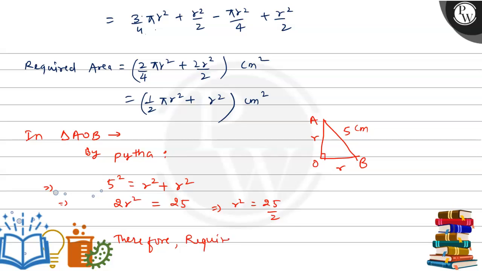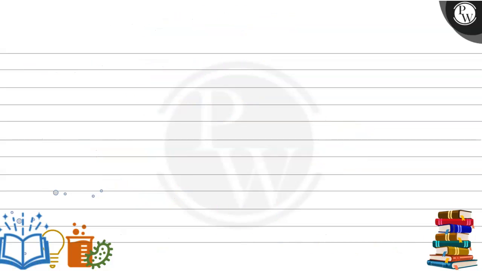Finally we can write, therefore, the required area is equal to 1 by 2 pi, and in place of r square I am writing 25 by 2, plus here also 25 by 2. This much centimeter square. We can further simplify this a little to get a clear answer.